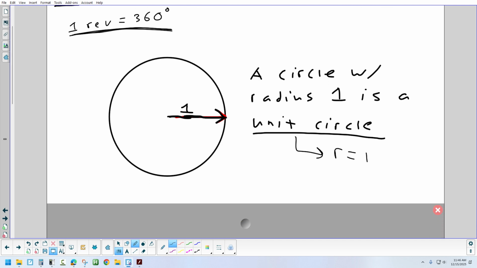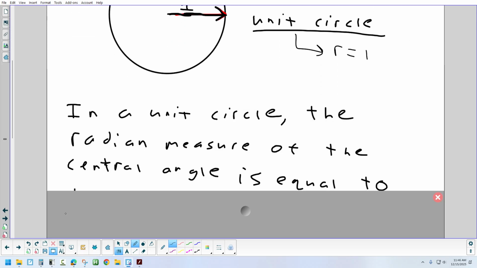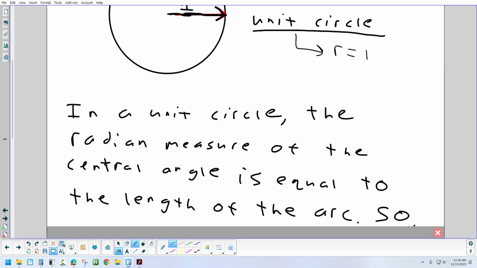Now, to figure this out, we've got to start with some fact. This is a fact that is always true on a unit circle. And the fact that it's only true on a unit circle doesn't limit us.